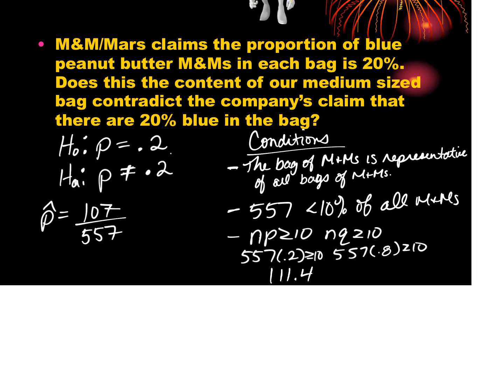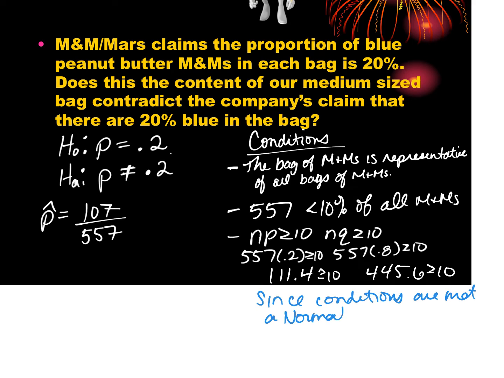But you have to write the 111.4 and the 445.6. So we have 4 less M&Ms than we expected. And then again, now since conditions are met, a normal model is appropriate.